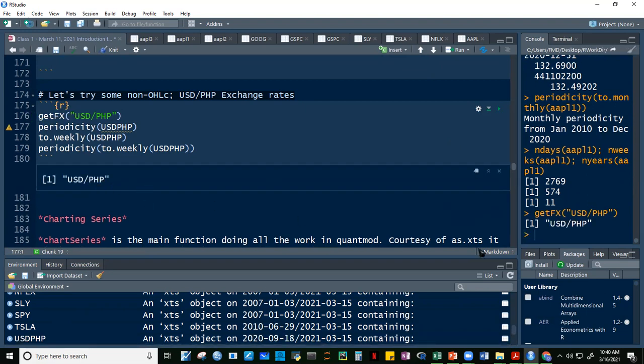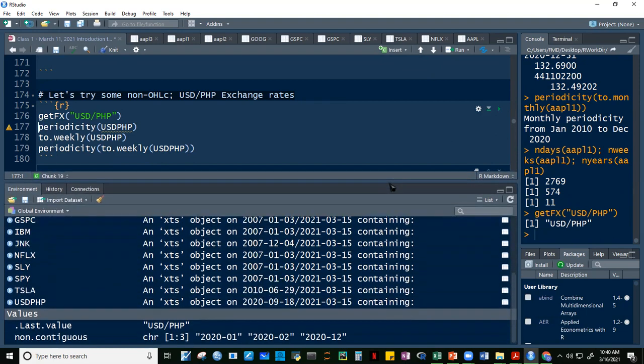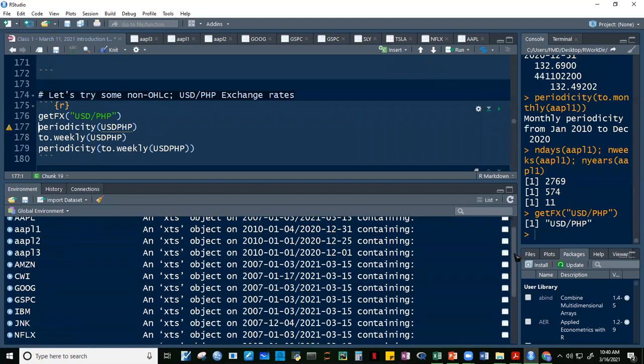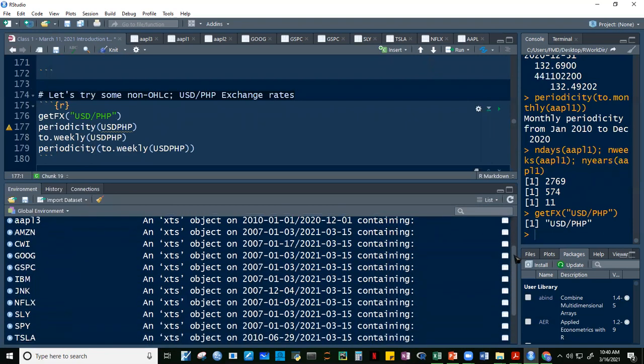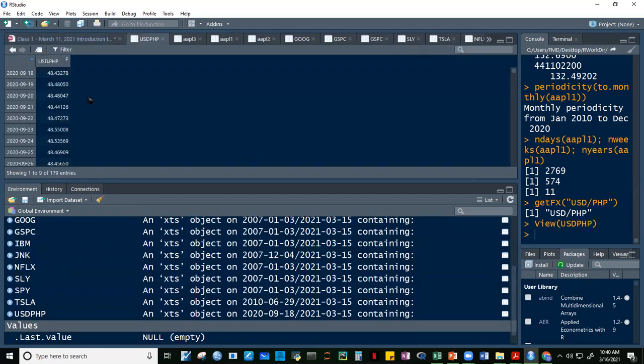Okay. So meron na tayo ditong, yung getFX natin for foreign exchange, US dollar, Philippine peso. It generated an object, USDPHP.